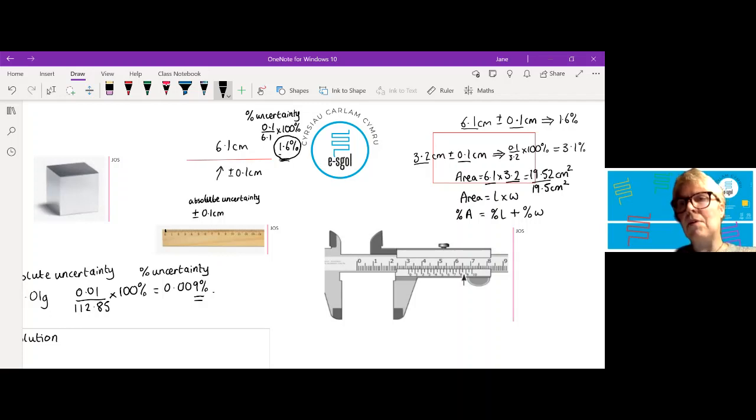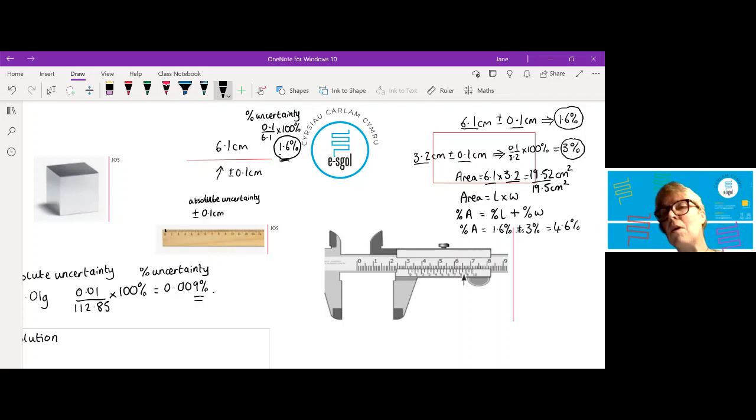3.1%. But you're telling me it should be just one significant figure. And you are right. So I'm just going to get rid of the 0.1 and just have one significant figure, 3%. Two significant figures for the other one because it starts with a 1. And so what I do here to get my percentage uncertainty in my area, I add the 1.6% to the 3%, and I'm going to get 4.6%.